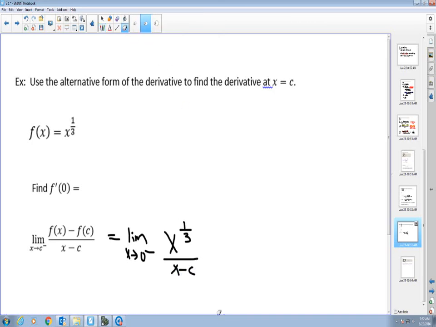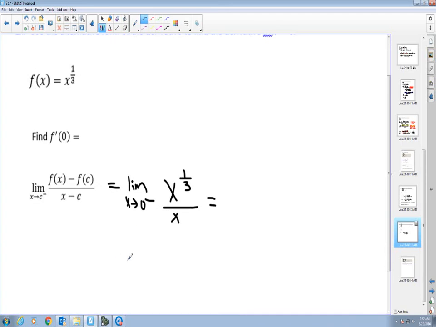Well, c is 0, so I can just write x. Let's see what that is. And let's do the other one. The limit of x approaching 0 from the positive side of x to the 1/3 over x. Let's see what happens here.